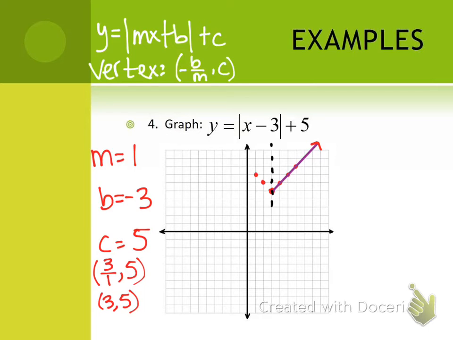Up 1, left 1. Up 1, left 1. Okay, see how these are mirroring each other across that imaginary line that I drew in black? Okay, and then that gives us the other side of our graph.